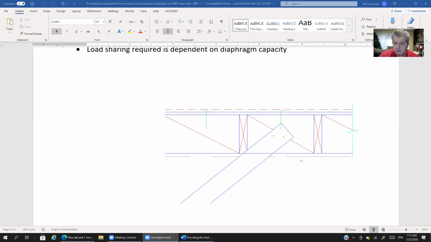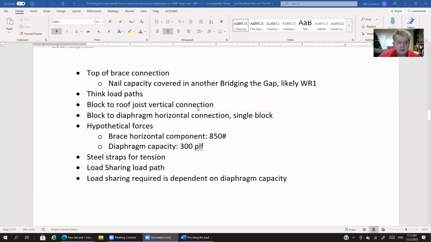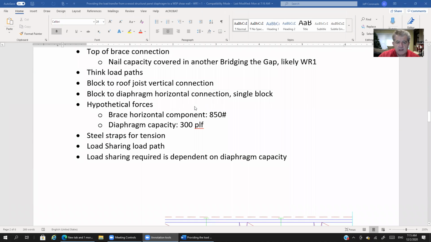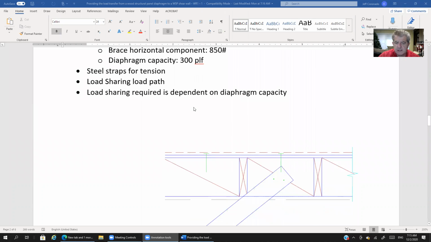All right, nail capacity. For this connection that I just described, the actual numerical load transfer calculation for the nails connecting the brace to the block is covered in another tutorial in Bridging the Gap.